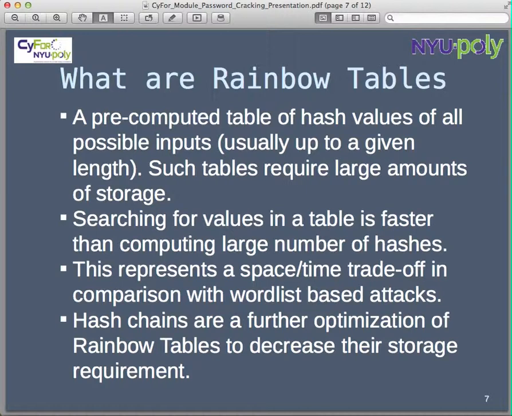The idea here is that it is much more efficient in terms of time to search a table for a match as opposed to actually compute the hash values in real time. So this is also known as a space-time trade-off.